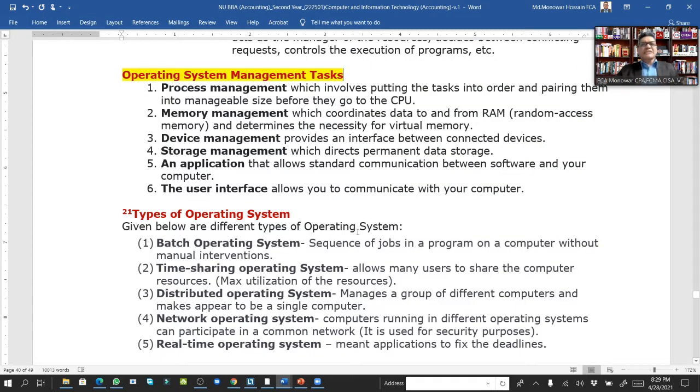Operating system management tasks include process management, memory management, device management, storage management, and an application that allows standard communication between software and your computer. The user interface also allows you to communicate with your computer.